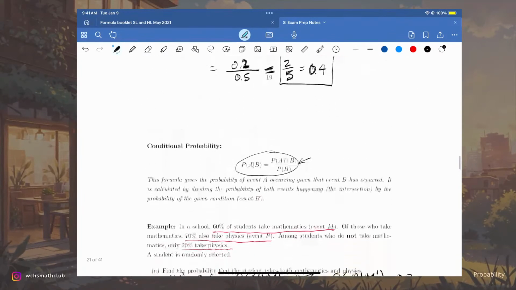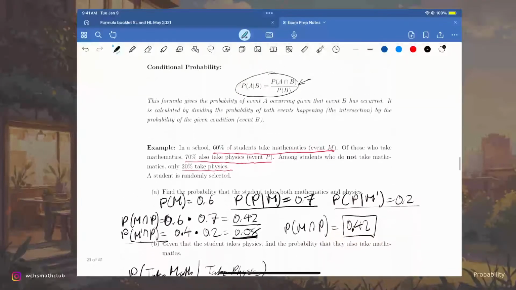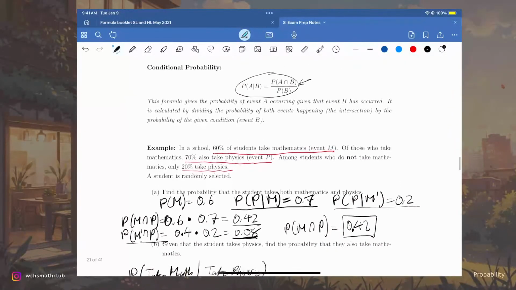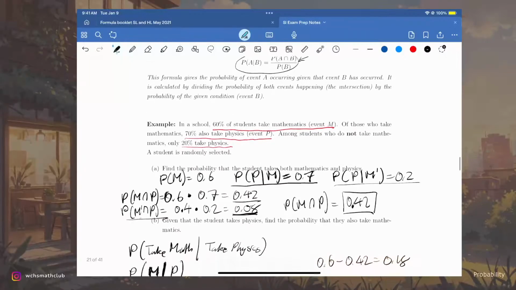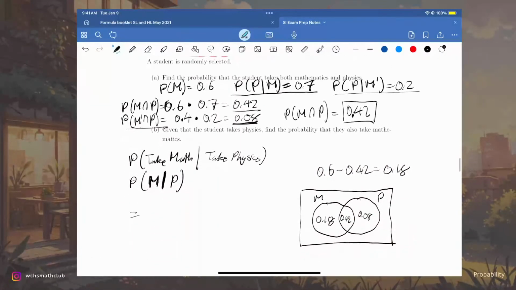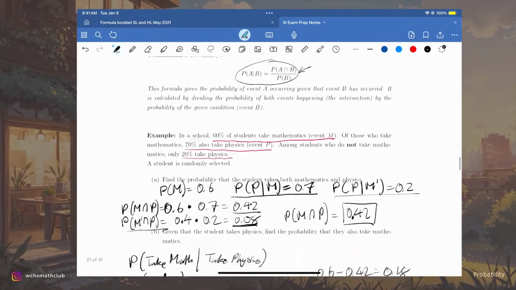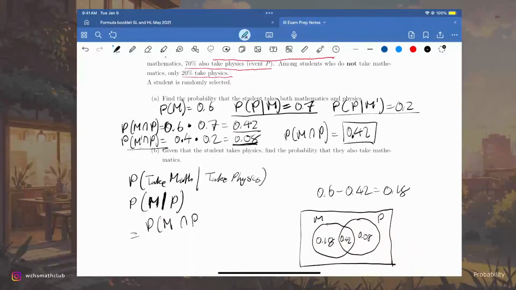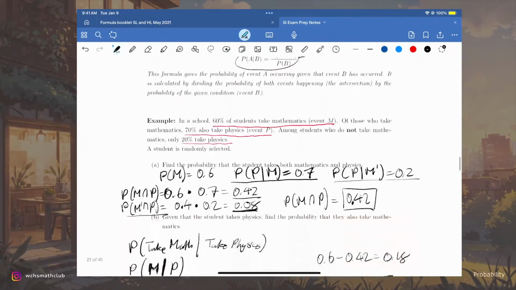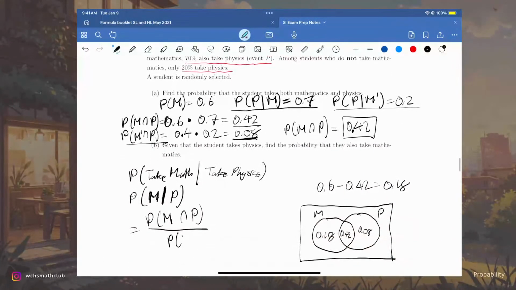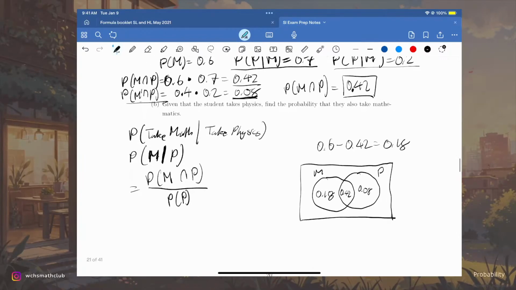And as we've seen before, with conditional probability, when we have two events, we can simplify it as such. P of M intersect P over the probability of just P alone, or physics alone. And the probability of physics alone, what is that?